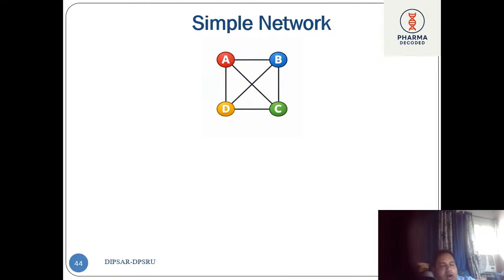So starting with the simple network, I hope I am audible. Rani Naidu, I am audible. Avdesh, Momitre. Momitre, as I said, if you have two proteins, you go with protein docking rather than the network, because you have defined your proteins, right?